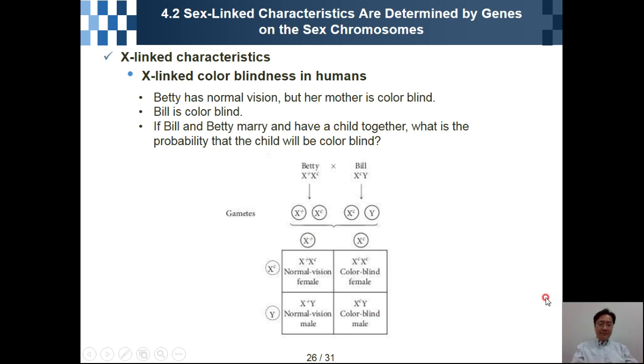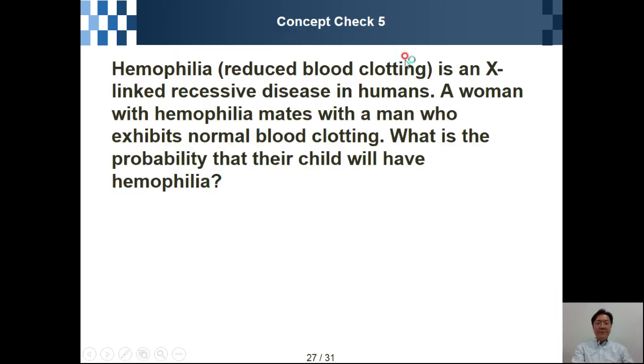Okay. This slide is concept check 5. Hemophilia is reduced blood clotting, an X-linked recessive disease in humans. A woman with hemophilia mates with a man who exhibits normal blood clotting. What is the probability that their child will have hemophilia? The woman's genotype is X^H X^H.